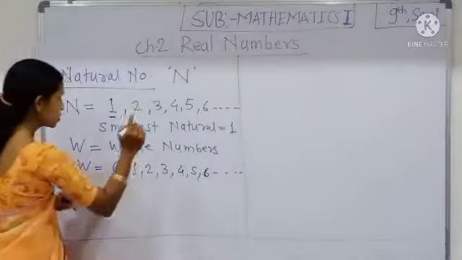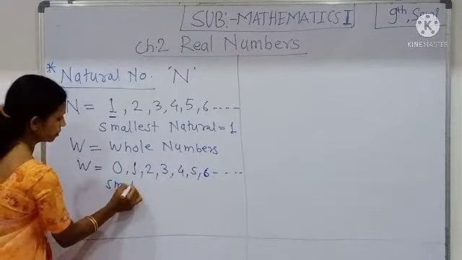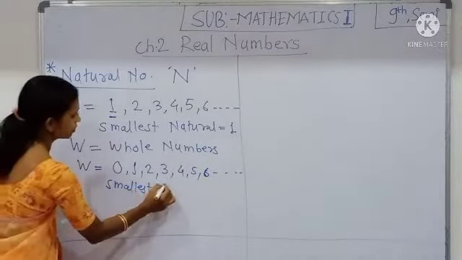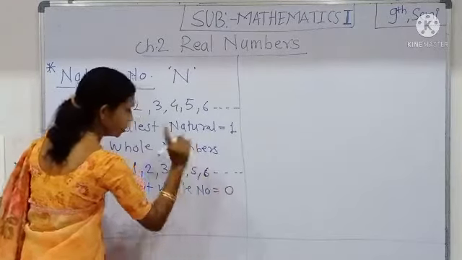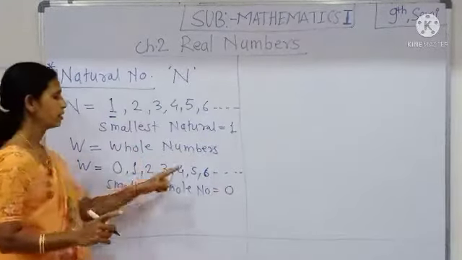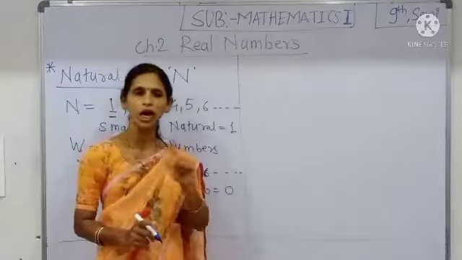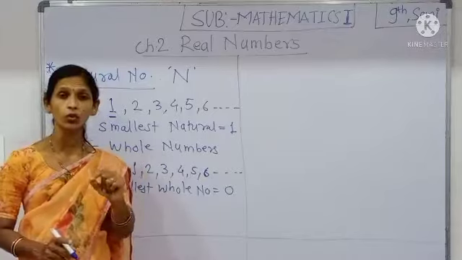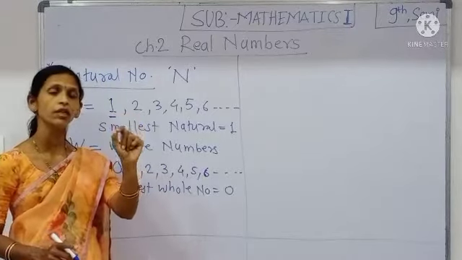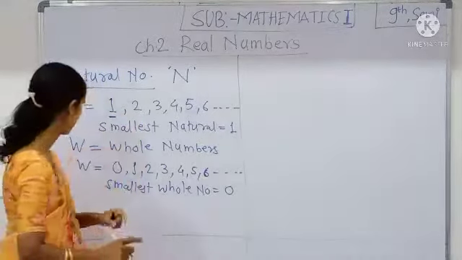Here the smallest whole number is 0, and the biggest whole number we can't determine because there are also infinite whole numbers.